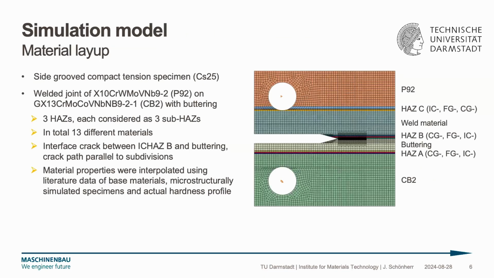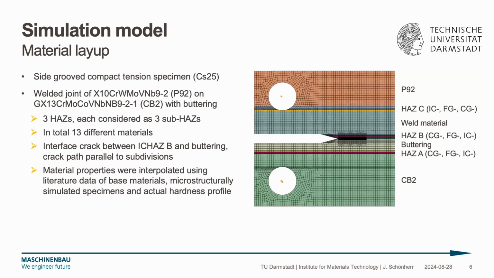So what I did, as you've already seen, was build a finite element model of the configurations I'm actually testing in the lab right now. We have the P92, a 9% chrome steel, and the CB2, the cast steel counterpart. Since they don't have the same mechanical properties, another buttering layer is applied to the CB2 steel in order to fit them better together.